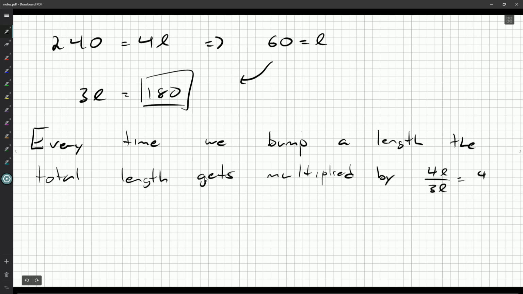It starts with 3L, so it's 4/3. Right? Multiply by 4/3, and you can check that's 4/3 times 21 is what we've had. 4/3 times 180 is 240, and that sort of a thing. And this is actually true for all these lengths.